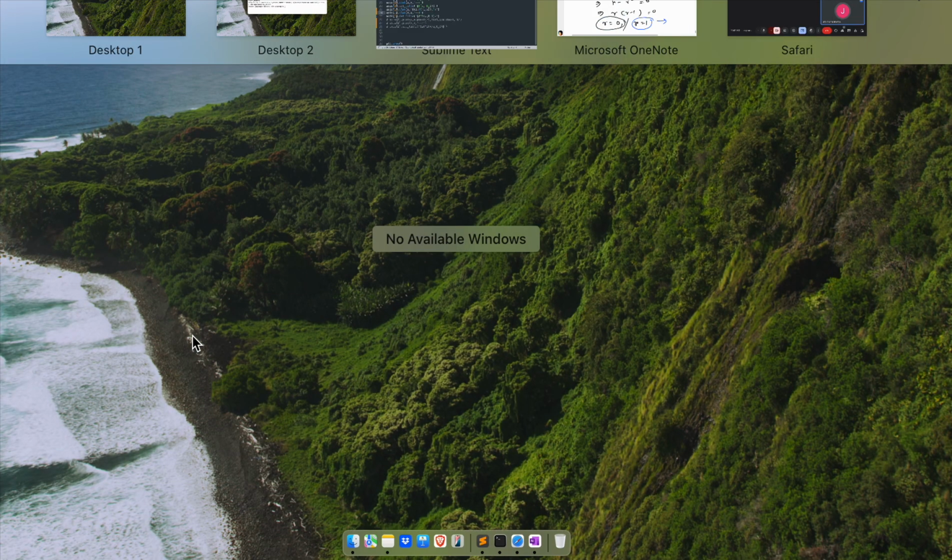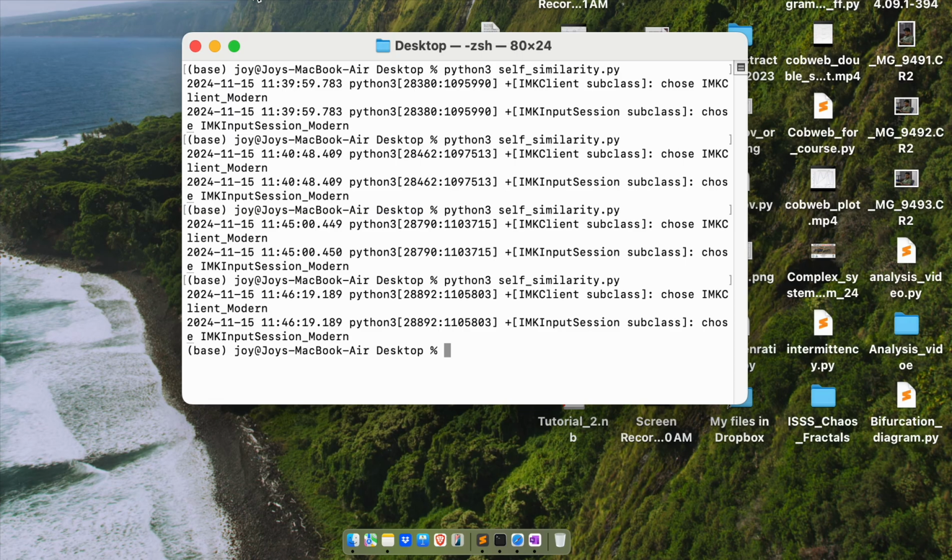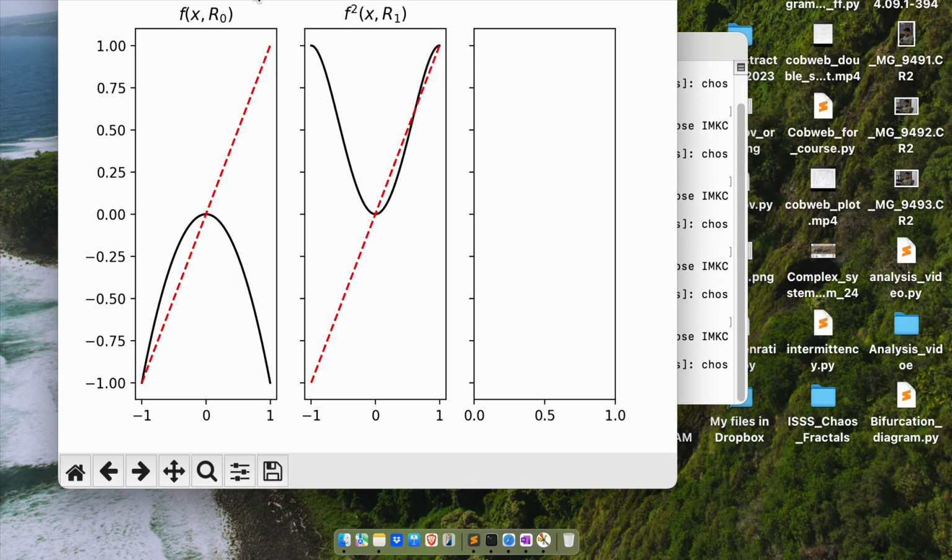What I am showing here is the self-similar structure. So here you see the fx at r0.